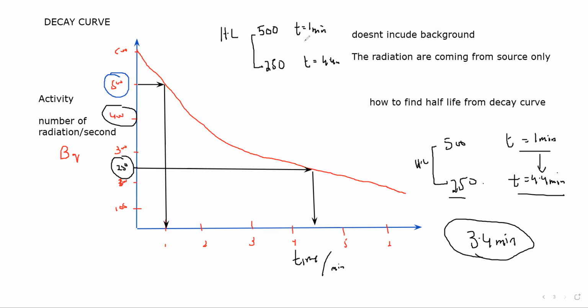So how much time did it take to change from 500 to 250? That is 4.4 minus 1, which equals 3.4. The time interval to change to half of its original value is known as the half-life. Is it clear?